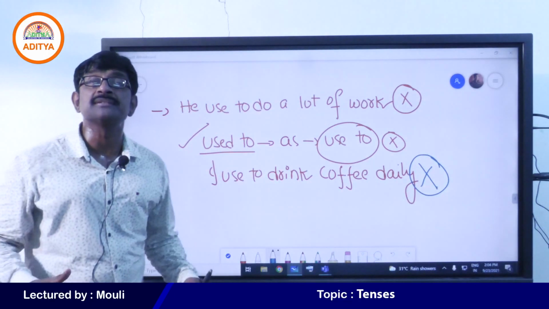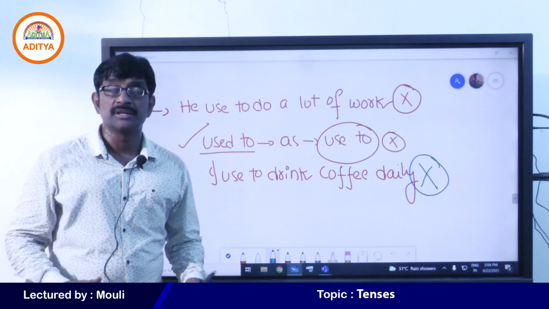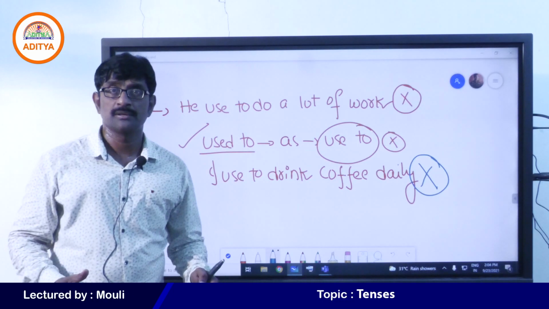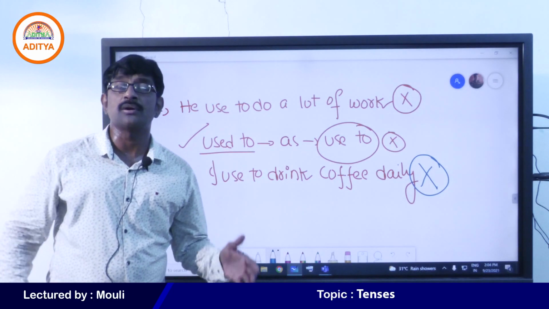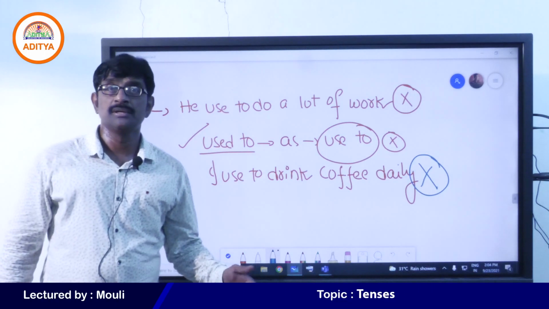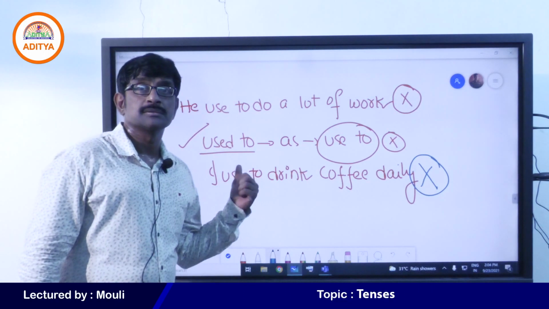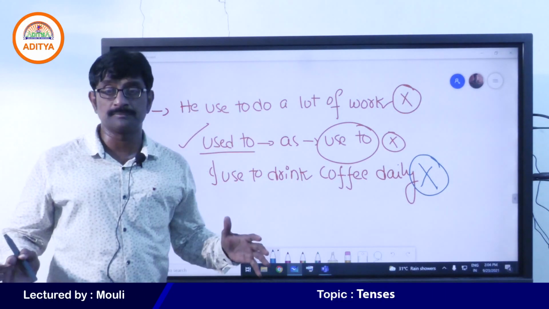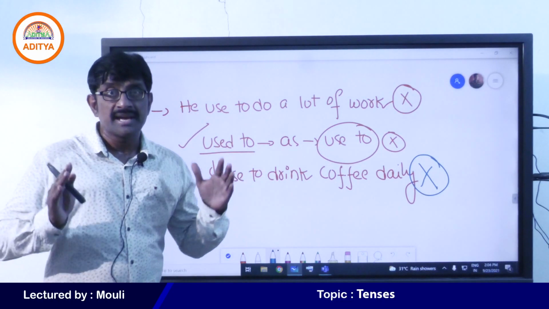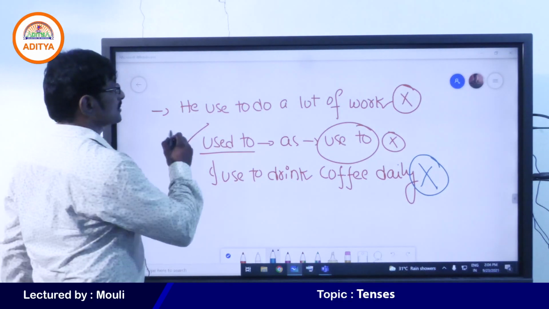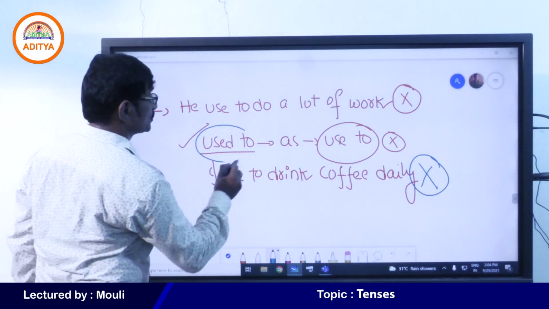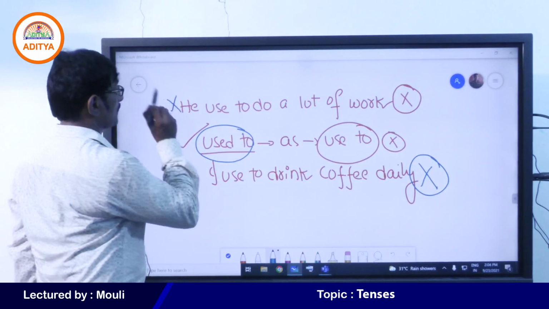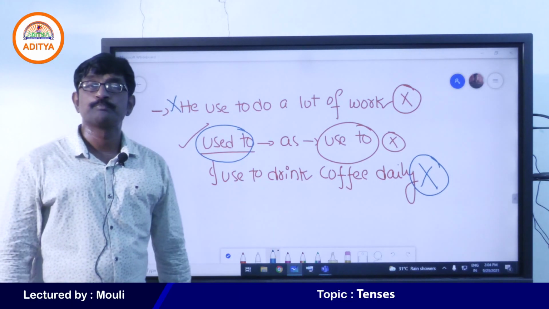Such kind of sentences are not there in English language. We cannot construct such kind of sentences. It is impossible. Hence, we should focus only this used to, not used to.